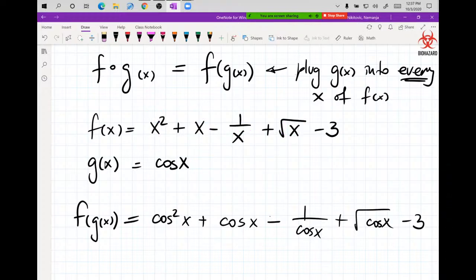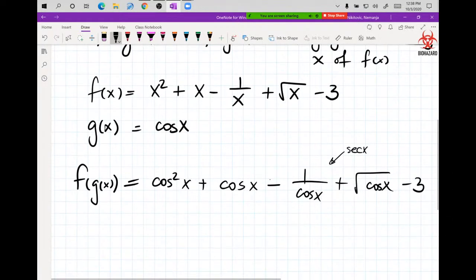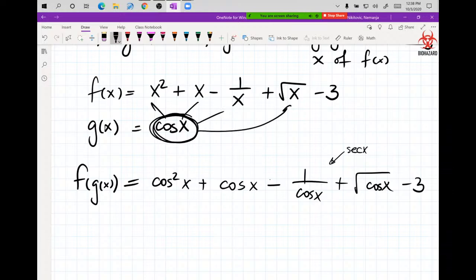Now you can make this prettier by writing this over here as secant, but you can't do much past that, so I'll point the arrow and say secant x, but whatever. The most important part is to understand that this cosine, which is a function, went into every x of f.